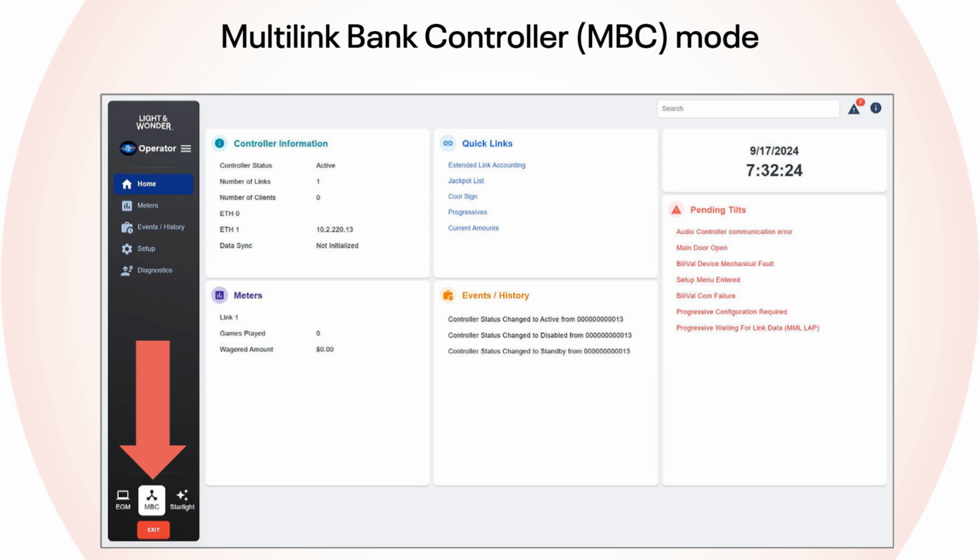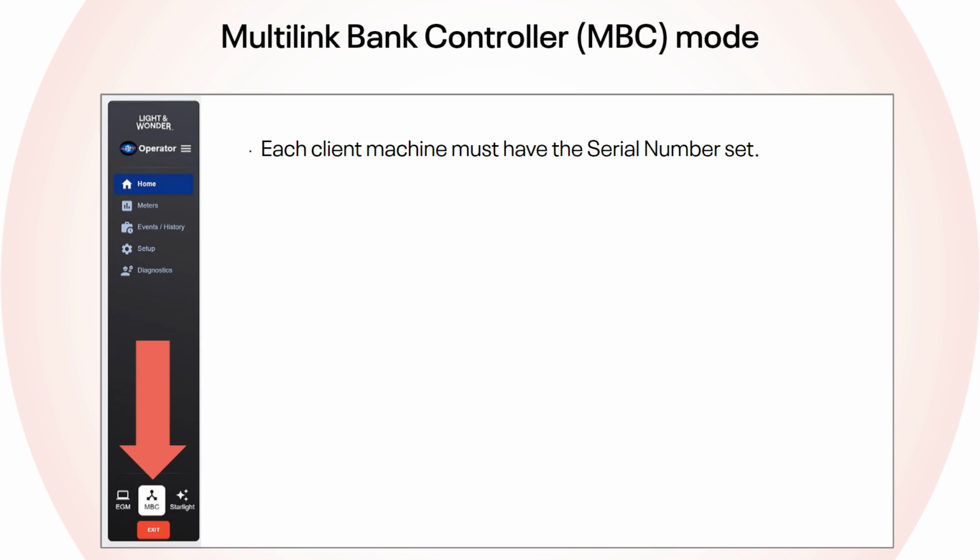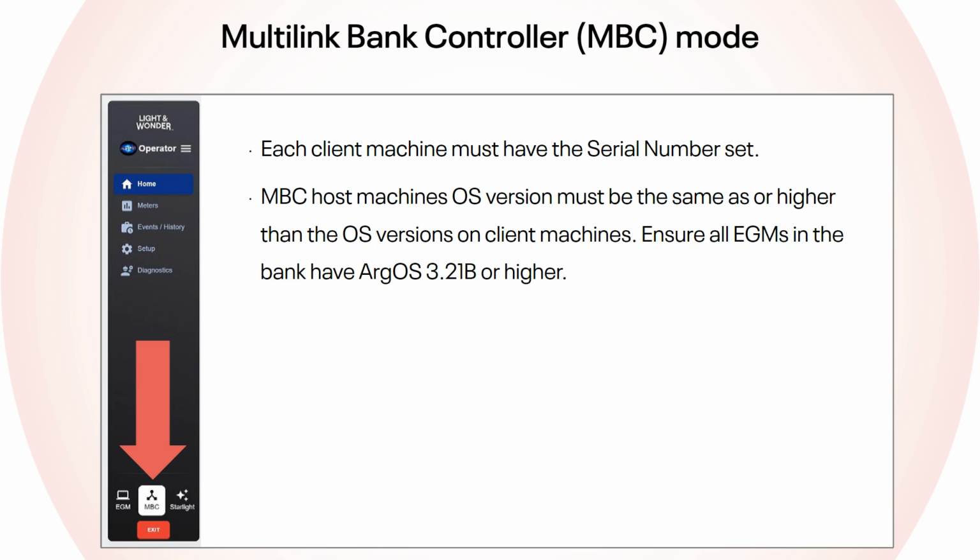When linking any Progressive across a bank of games, the following Progressive system requirements must be met. First, each client machine must have the serial number set. The OS version on MBC host machines must be the same as or higher than the OS versions on client machines.